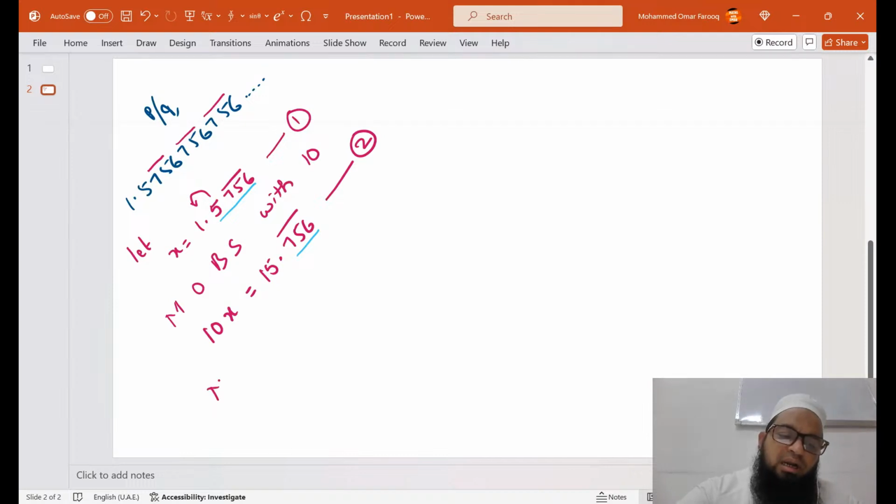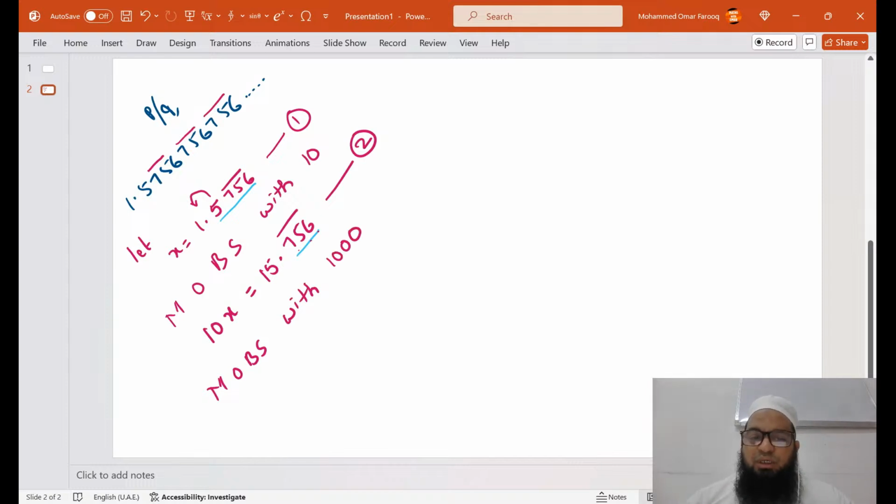So now multiply on both sides with 10 to the power of 3. Since three decimals are recurring, you multiply with 10 to the power of 3. 10 to the power of 3 is nothing but 1000. So now 1000 into 10, 10,000x equals, and when I multiply with 10,000, what happens?